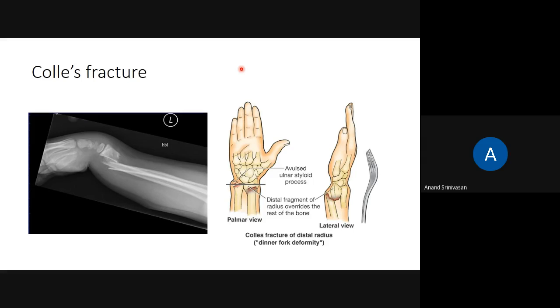The next one is Colles fracture. This is also a fall on the outstretched hand. If a person trips and falls on an outstretched hand, the wrist gets impacted. This is more common, especially in females after the age of menopause, because of osteoporosis, as there is depleted calcium.